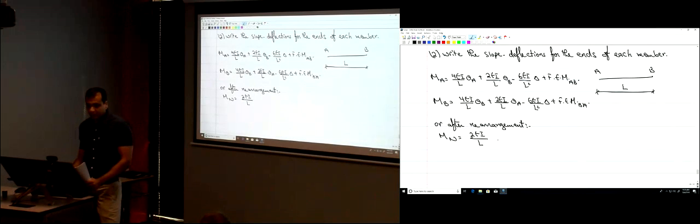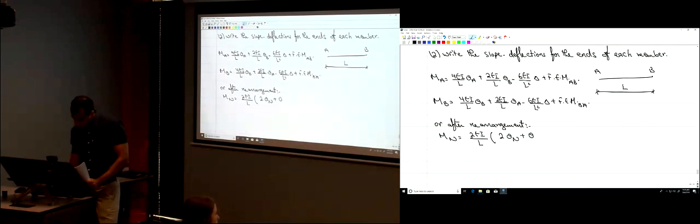Taking 2EI divided by L as a common factor here, you have 2 theta at the near end plus theta at the far end of the member minus 3 psi, plus the fixed end moment at the near end of the member.